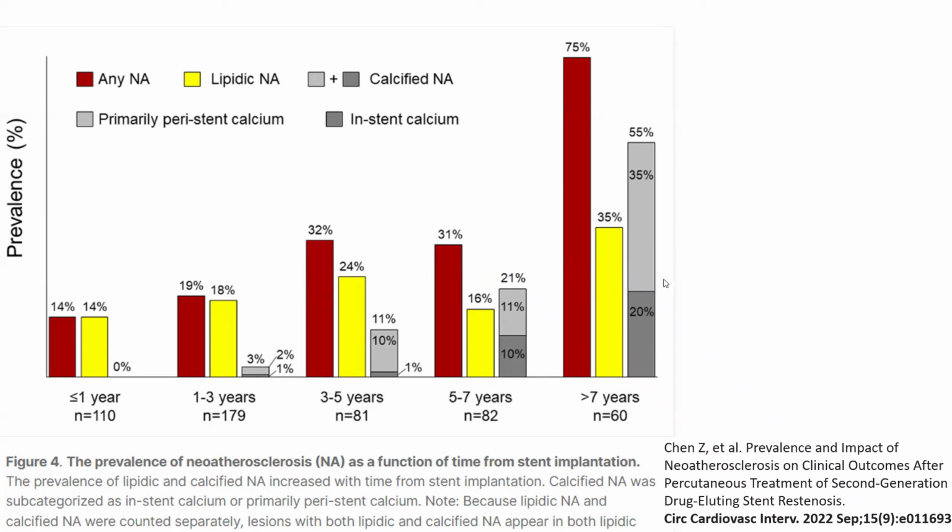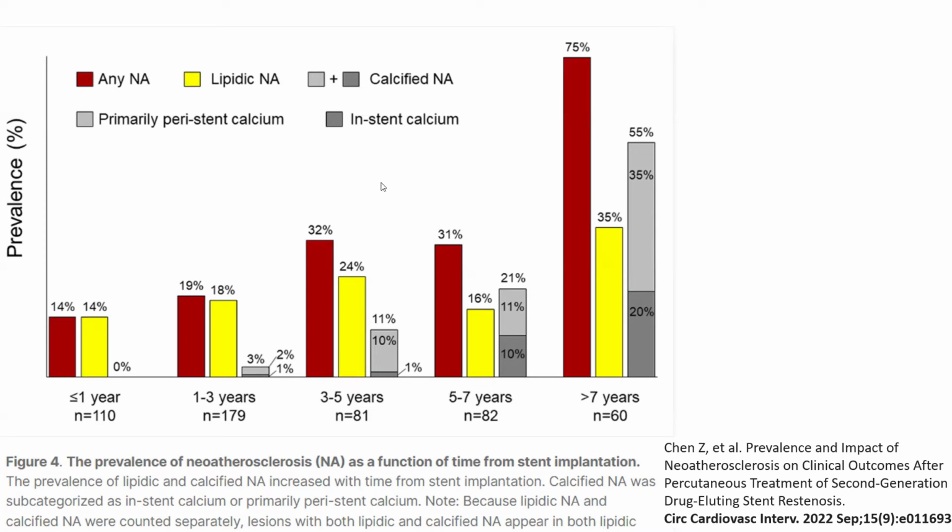Now, both of those are managed similarly. They are both in-stent tissue growth. They have different mechanisms, and neoatherosclerosis is important because you can get calcified neoatherosclerosis that is difficult to expand. You can also get plaque rupture in that neoatherosclerosis that causes late MI and stent thrombosis inside the stent.